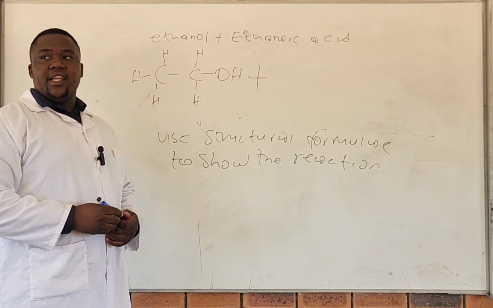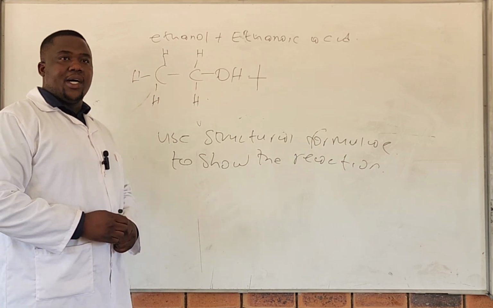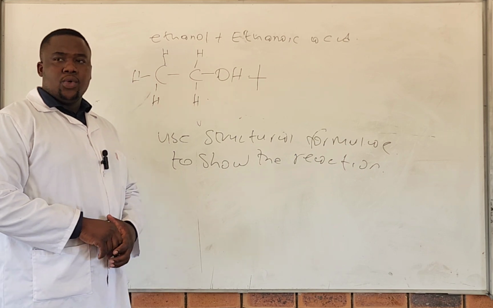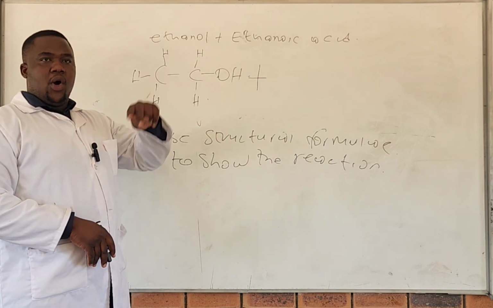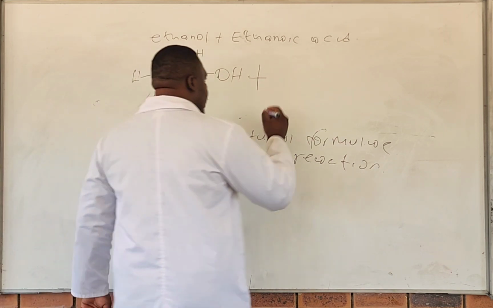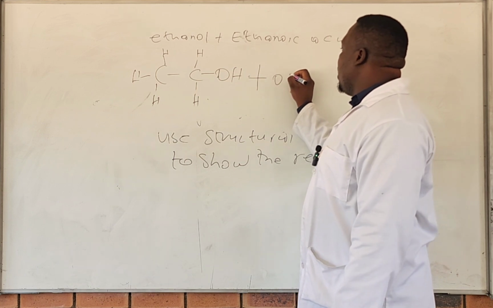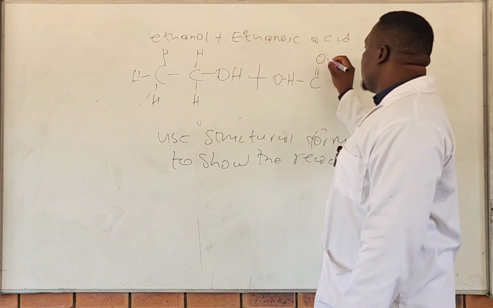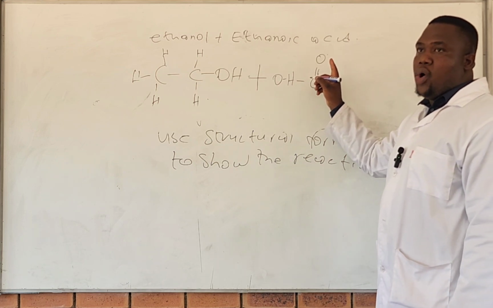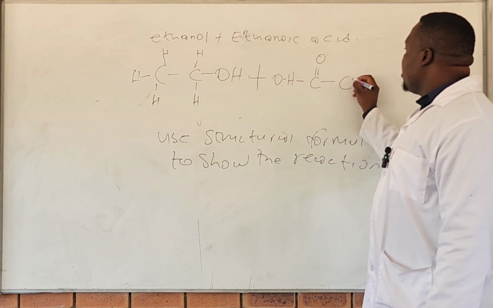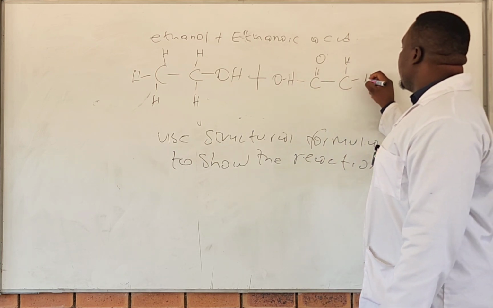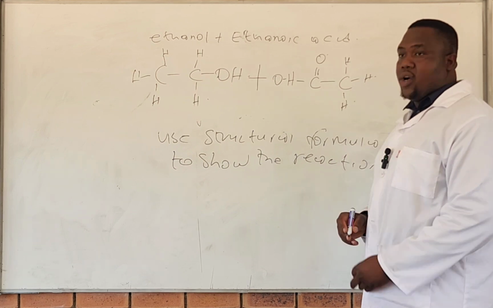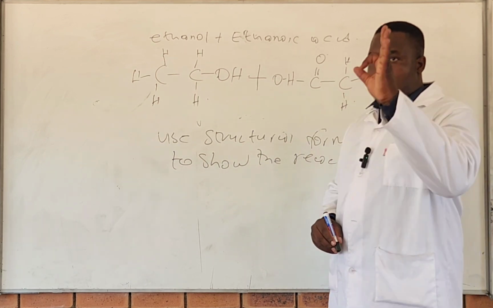We know that an acid has got a functional group that we call the carboxyl group, which is a double bond O and OH. Then I'm going to demonstrate that to you. We've got OH, which is bonded to a carbon, which is bonded to a double bond O. Then we have this. Remember that carbon can only create 4 bonds.